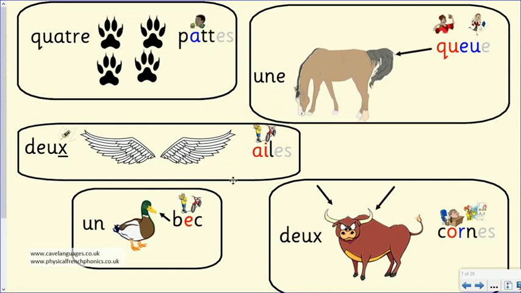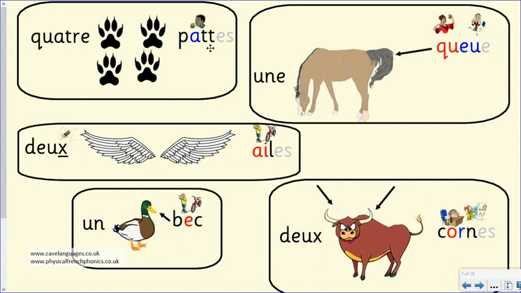Deux ailes. A beak is masculine. Un bec. And 2 horns. Deux cornes. This time the X is silent because there's no vowel. So vowel there, sound the X, deux ailes, no vowel, deux cornes.